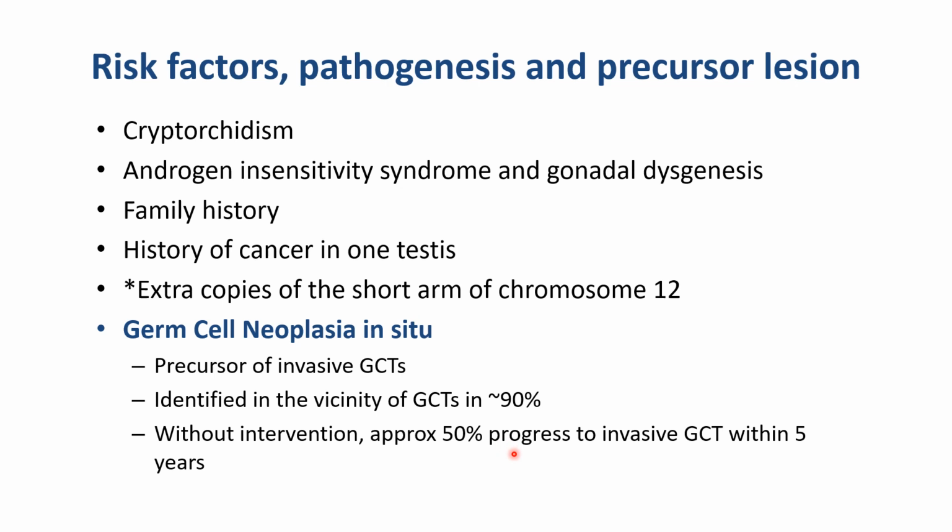So whenever you see that, then you know there is a risk of developing testicular tumors, because without any intervention, approximately 50% of these testes that contain germ cell neoplasia in situ will progress to invasive carcinoma.